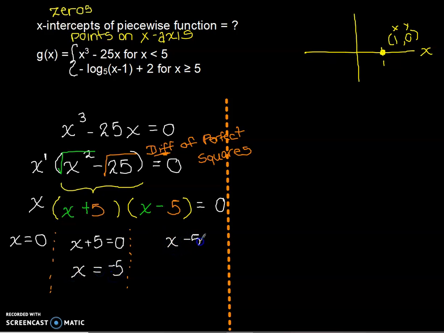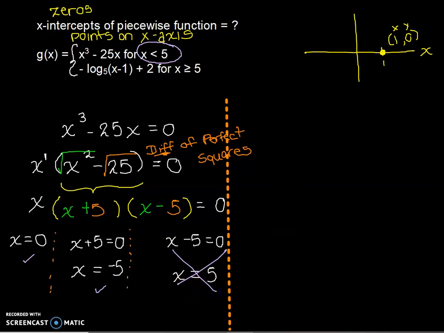If I write x minus 5 equals 0, I'll add 5 to both sides, and I'll get x equals 5. Now these are my 3 values of x, or my x-intercepts, but remember that there is a condition. This is a piecewise function. You can only use it for x values that are less than 5. So this is fine, this is fine, this is not.